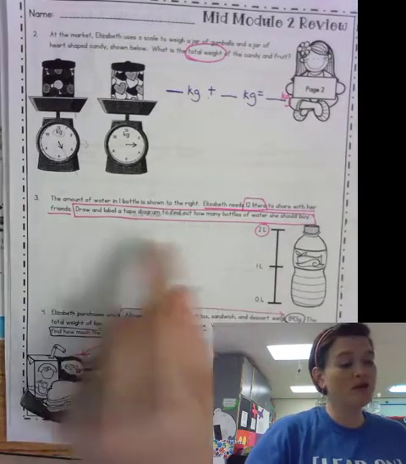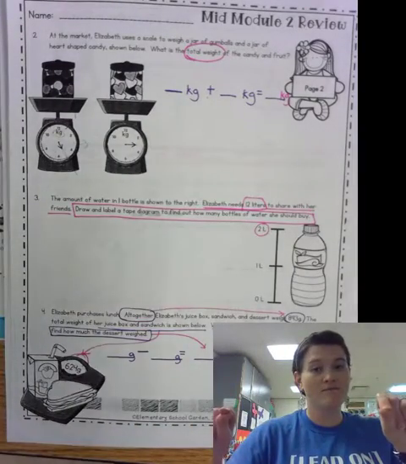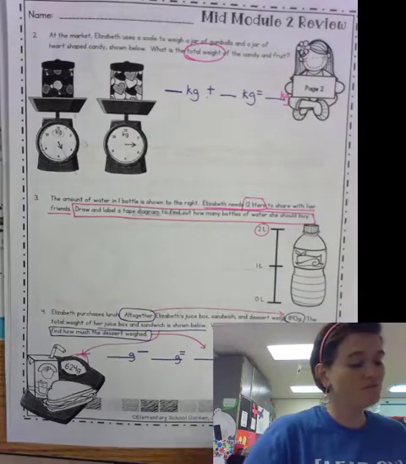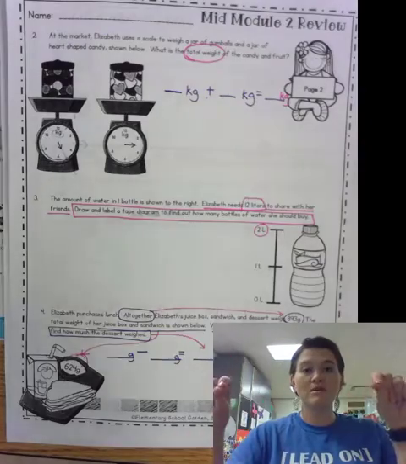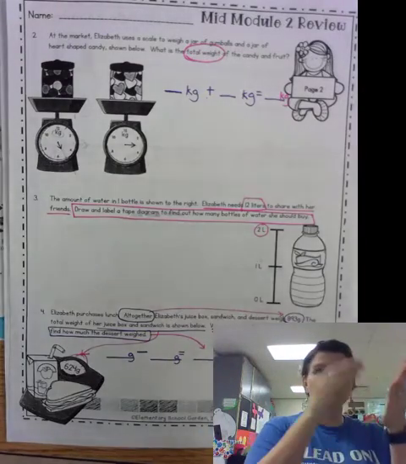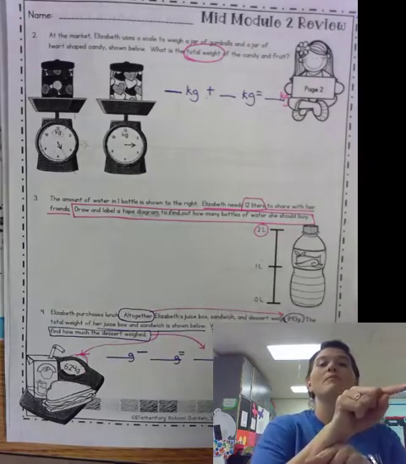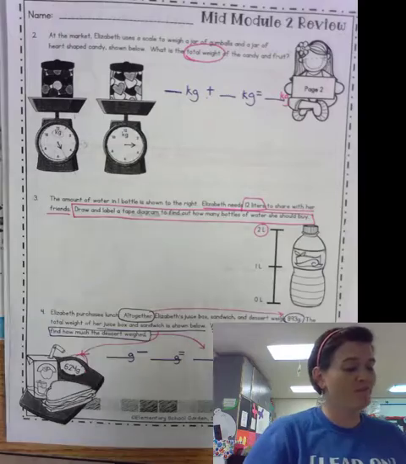So the big part here is to draw and label a tape diagram to figure out how many water bottles she needs. Once we have our tape diagram, we'll have parts, and then we're going to figure out how many of those bottles she's going to need. Remember to label our tape diagram.